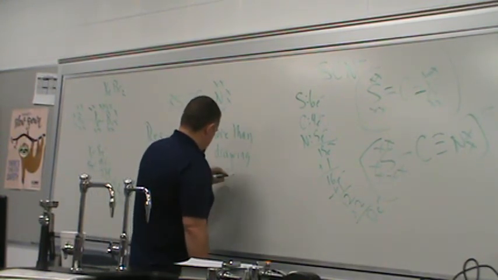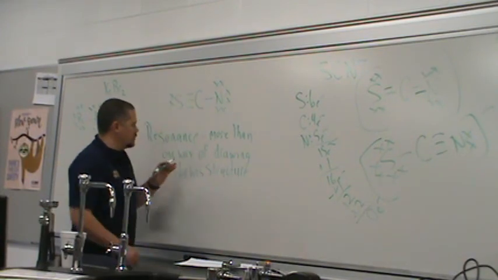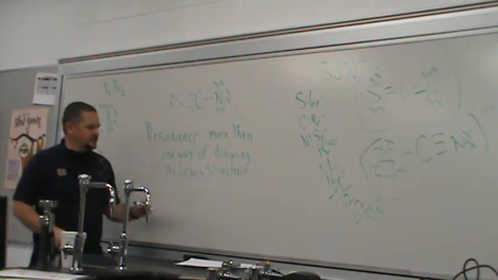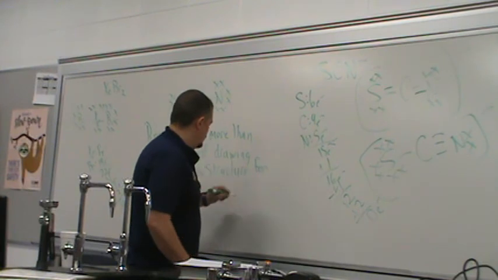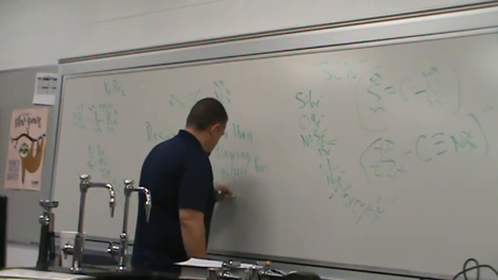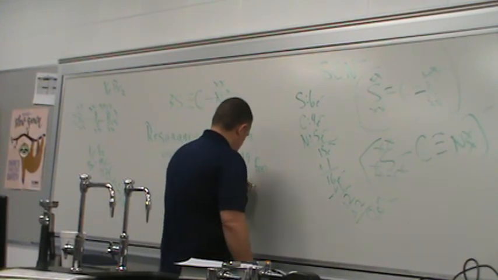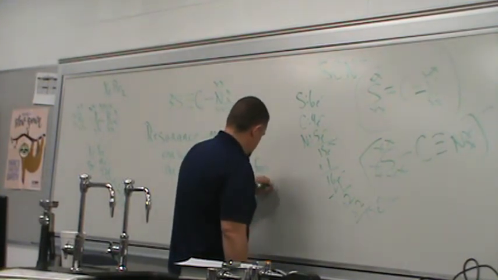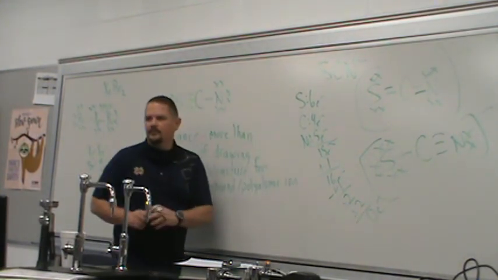Okay. So, resonance: more than one way of drawing the Lewis structure for a compound or polyatomic ion.